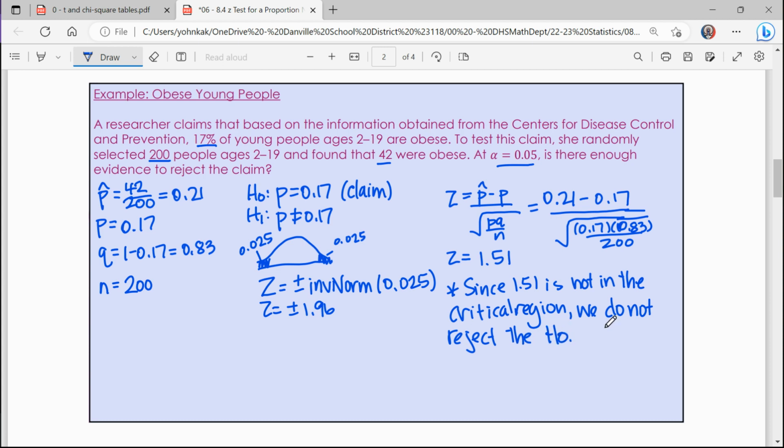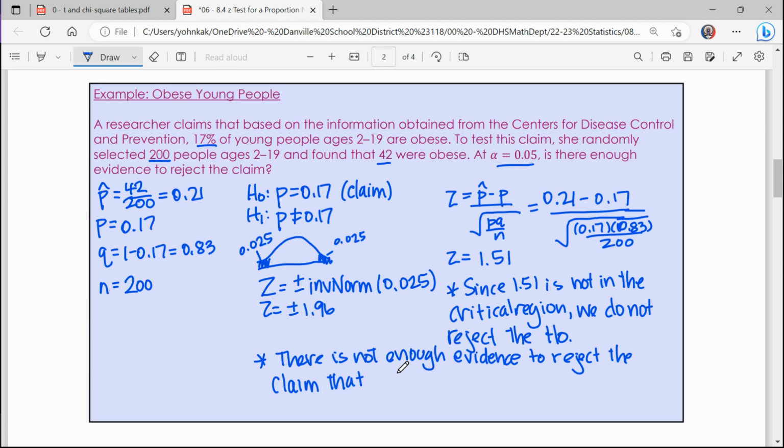Okay, so our null is our claim. We're not rejecting the null, so there is not enough evidence to reject the claim that the proportion is equal to 17%.